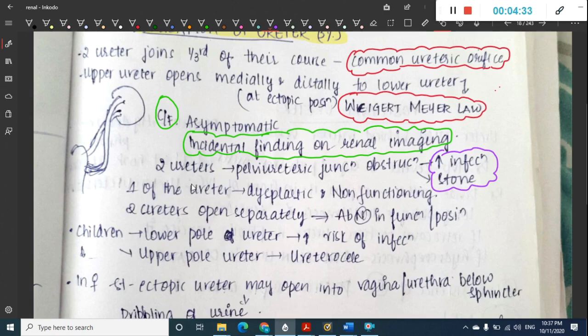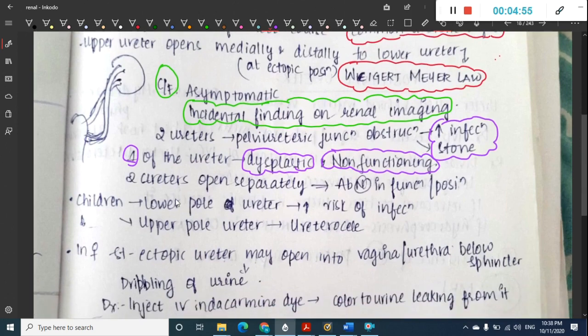And sometimes one of the ureters may be dysplastic and non-functioning. The two ureters, if they open separately, may have abnormalities in the opening, and may be abnormal in function and position.